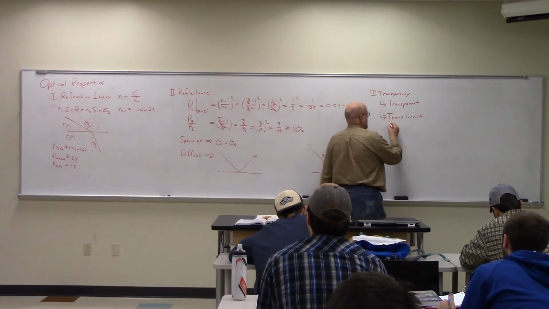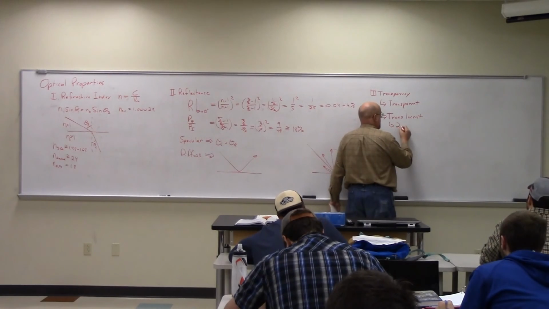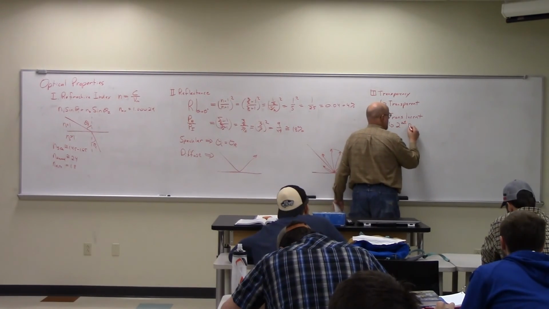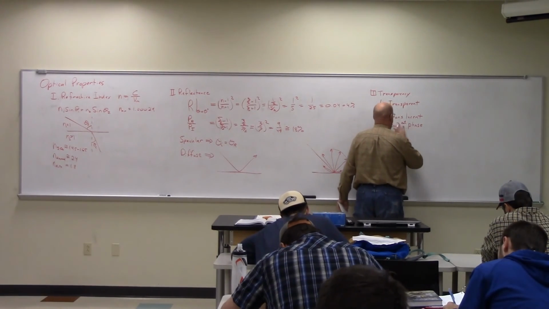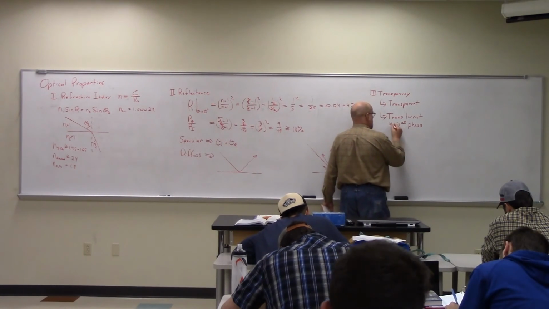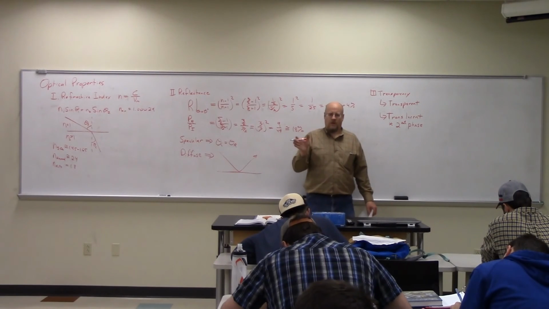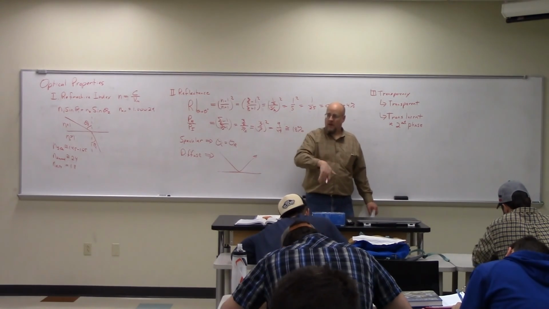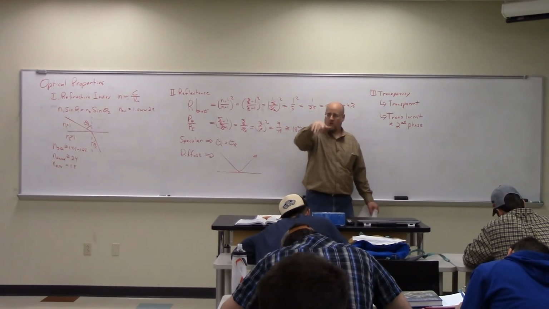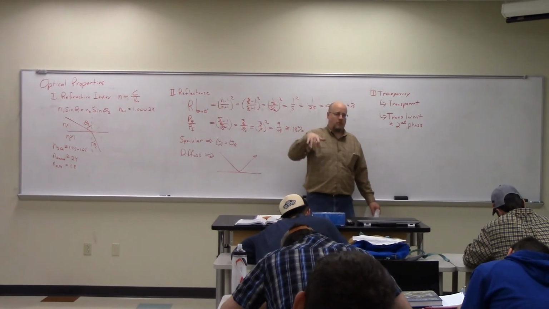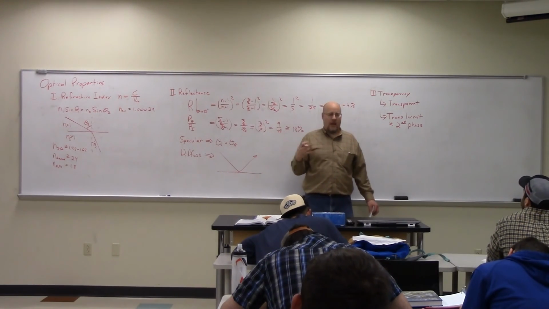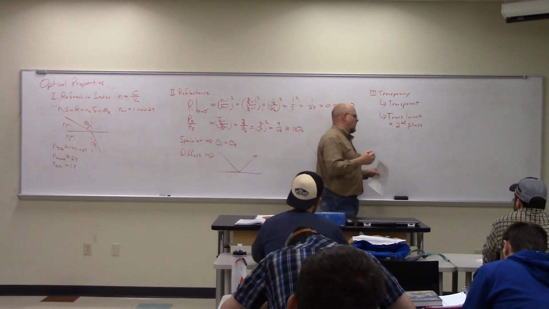And that could be caused by a second phase. In other words, the intersections between grain boundaries, between grains, where the light is basically just refracting many times as it goes through grain to grain to grain. That multiple refraction ends up looking like scattering on a macroscopic scale.